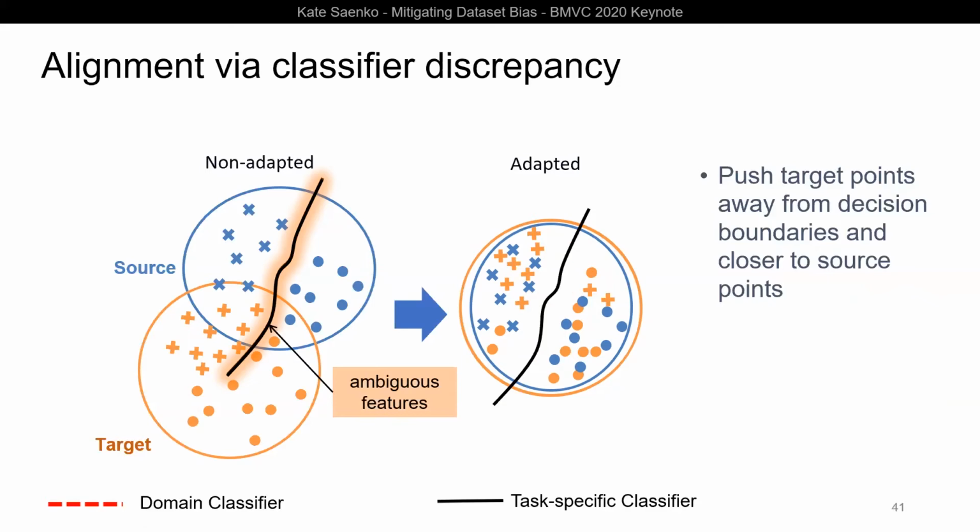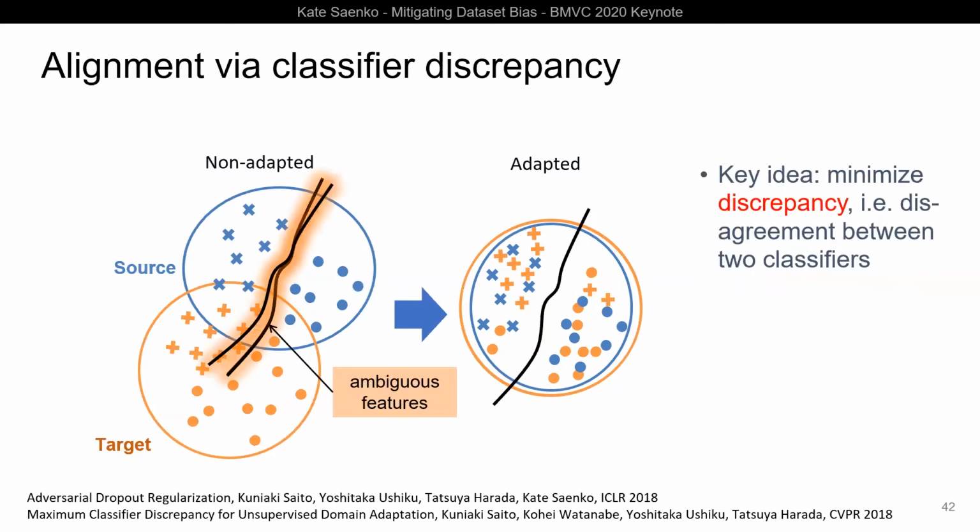So this method tends to work fairly well, and the key is producing two different versions of the same classifier and detecting ambiguous features using the discrepancy between these two classifiers. So first of all, how can we get these two classifiers?